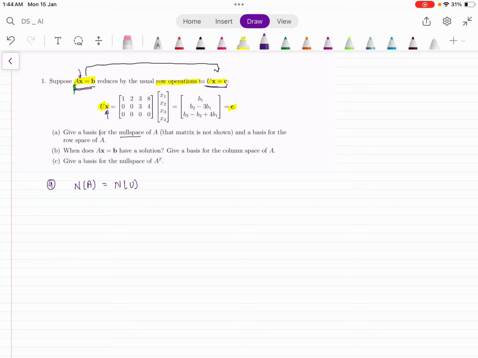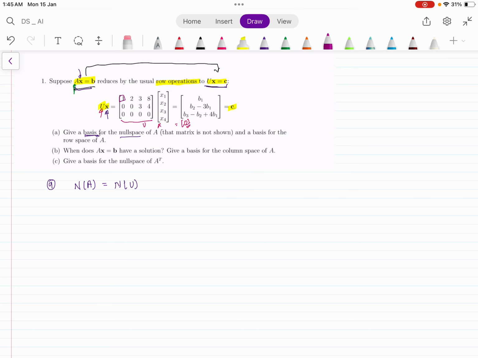So let's find the basis of this null space. To find the basis of the null space of this matrix U, what we do is solve Ux = 0, right?